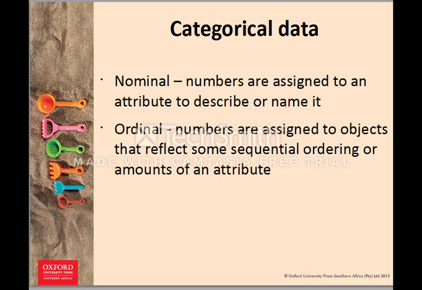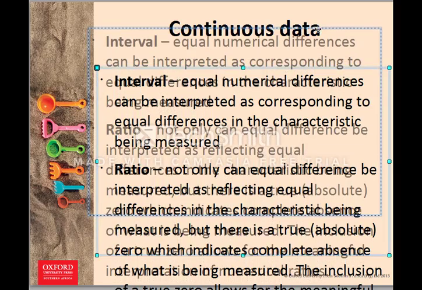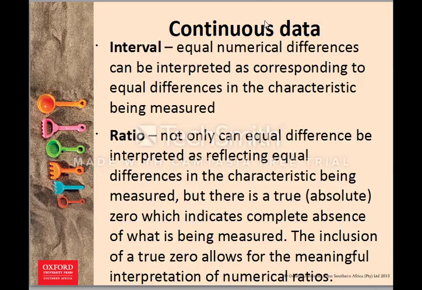So categorical data is the nominal and the ordinal data. I'm not going to continue going into that because you've already done that. It was in the previous video. But the nominal data is a label or a category. Ordinal data, like I just showed you, is a rank order. So we know who's first, second, but we don't really know the difference between them, the quantity. Interval data shows equal differences, so it's got that characteristic of continuous data, but there's no true zero.